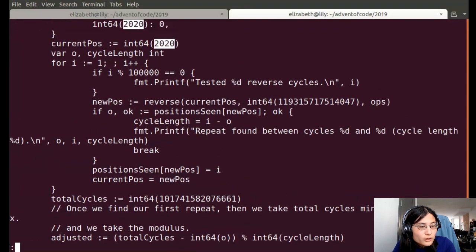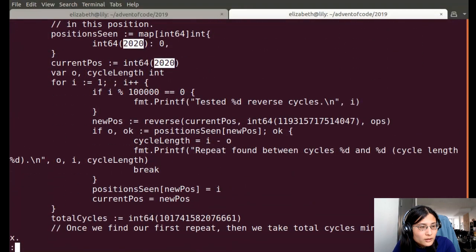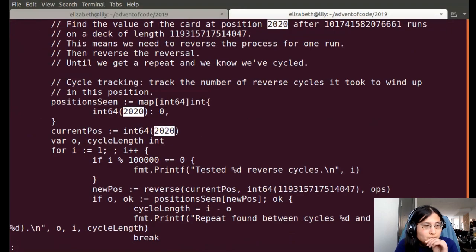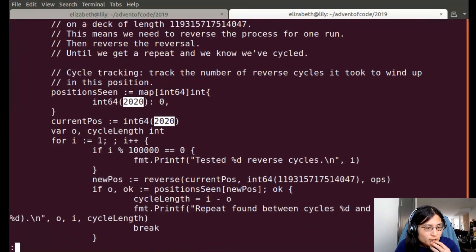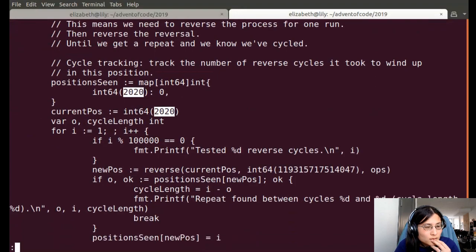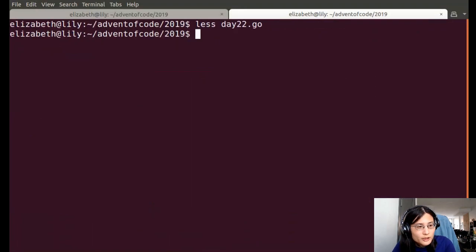Did put in 2020, yeah? Yeah, I did. Okay. So I've seen the position 2020 at cycle number 0. If I see any other position repeated, then we know that we ought to stop.